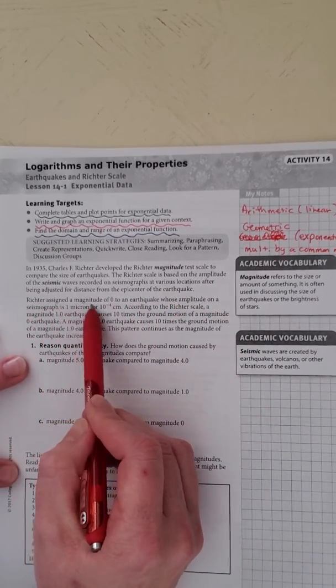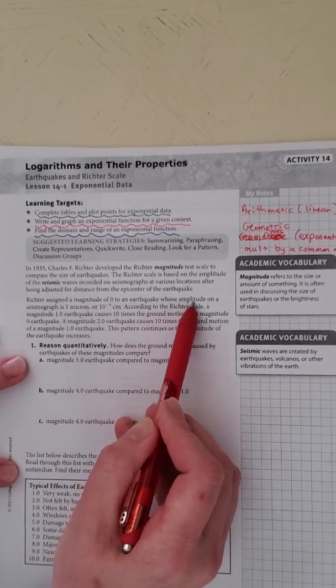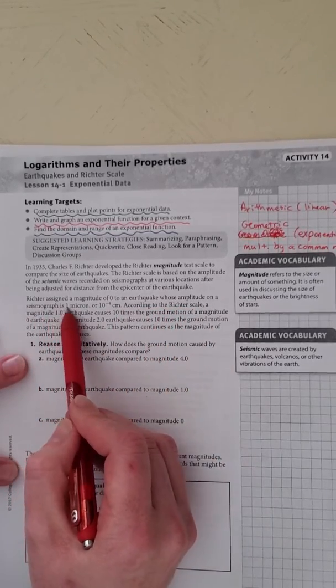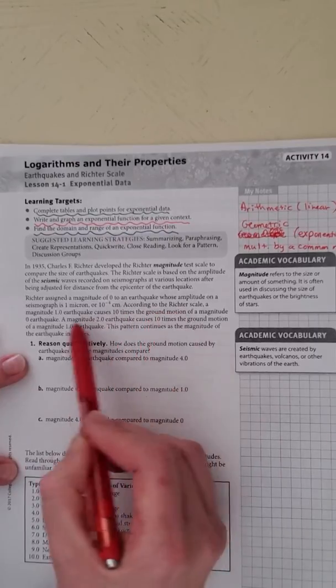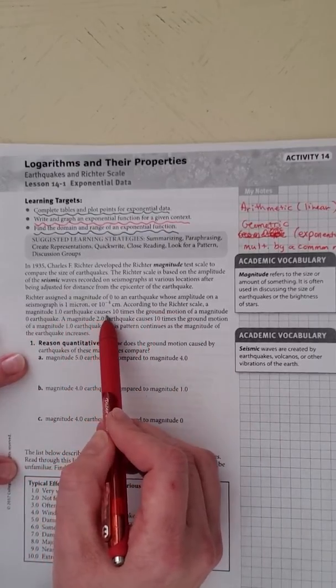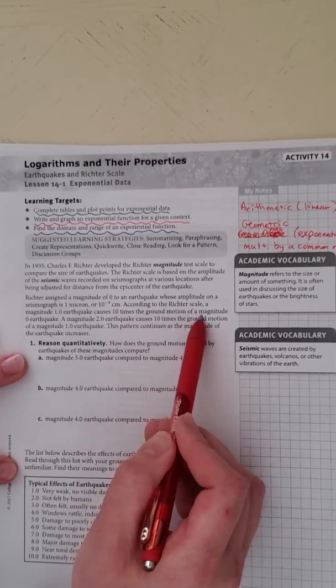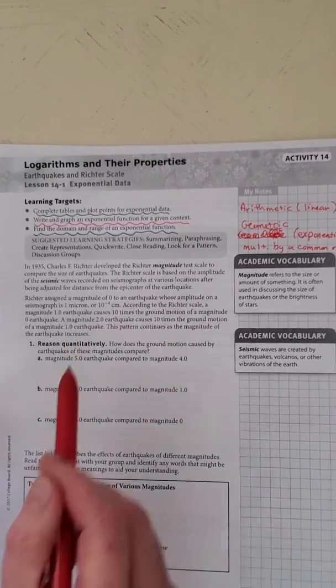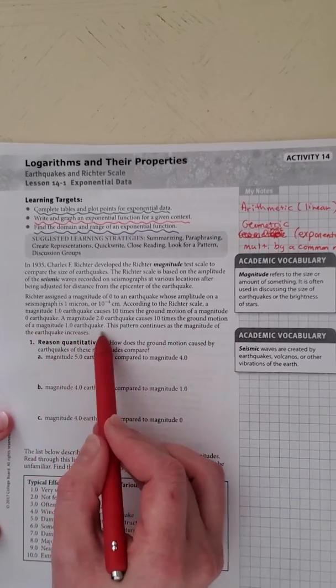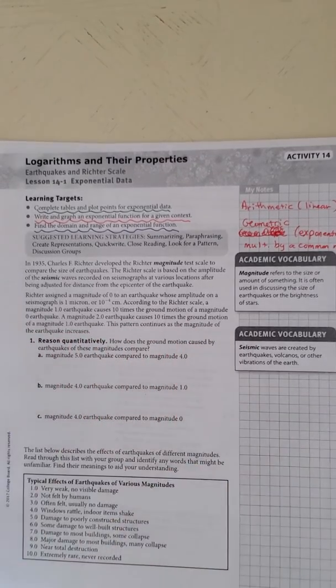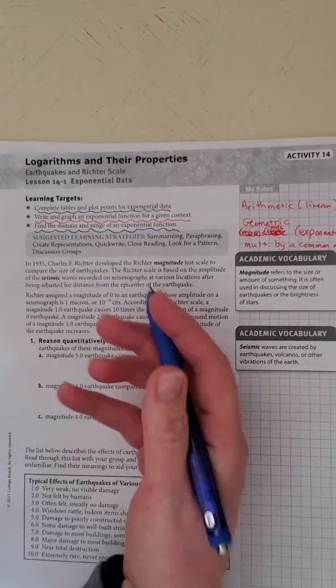Richter assigned a magnitude of 0 to an earthquake whose amplitude is 1 micron. According to the Richter scale, a magnitude 1 earthquake causes 10 times the ground motion of a magnitude 0. And a magnitude 2 causes 10 times that of a magnitude 1, and so on. This pattern continues.